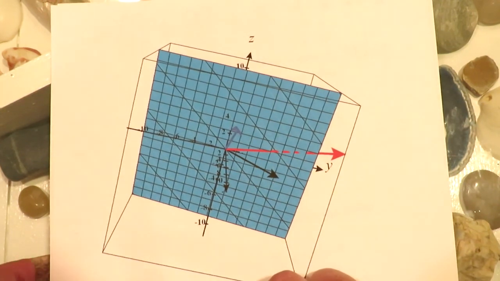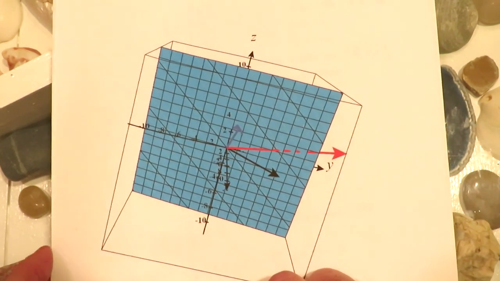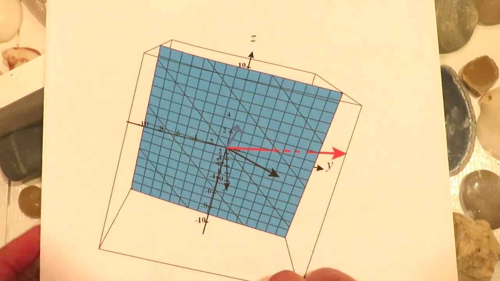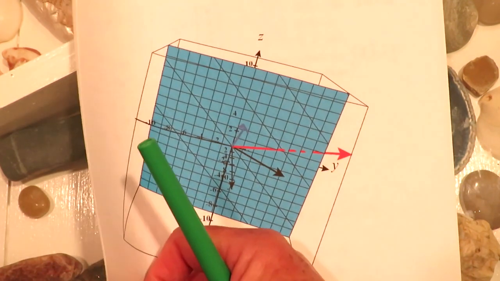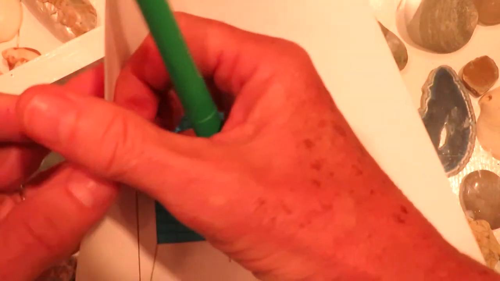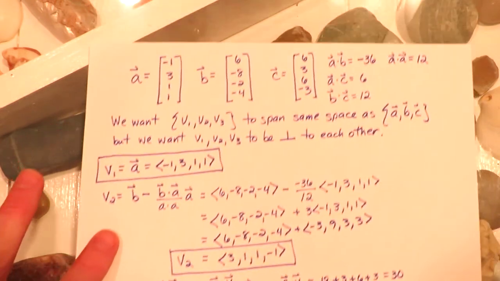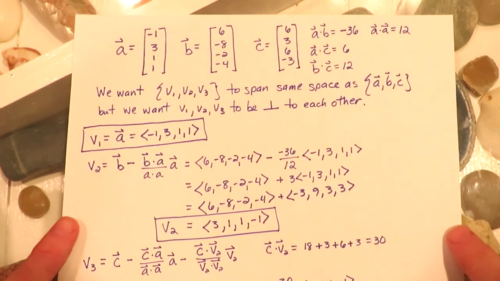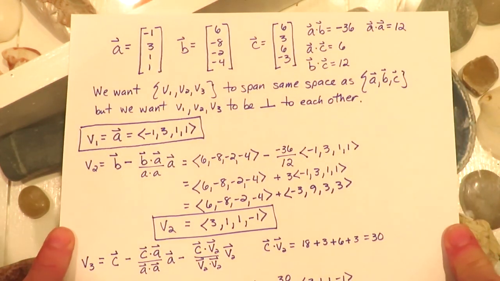Now this process stays the same whether you're in R2 or R3 or in a higher dimension, and whether you have more vectors. Now in this next example, we have three vectors in R4.